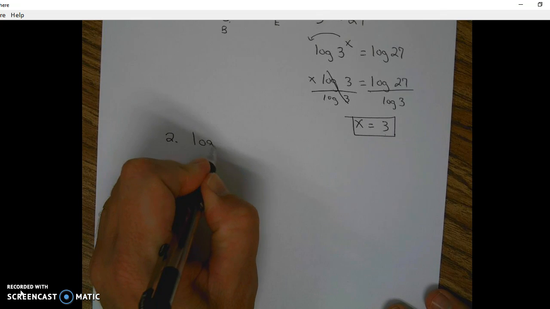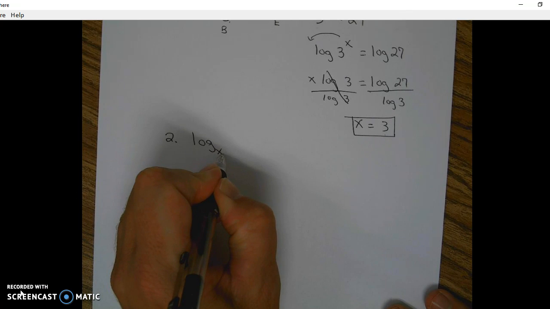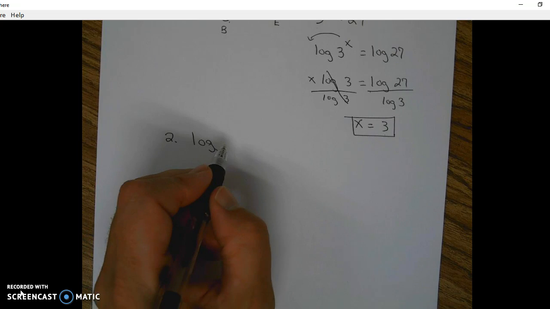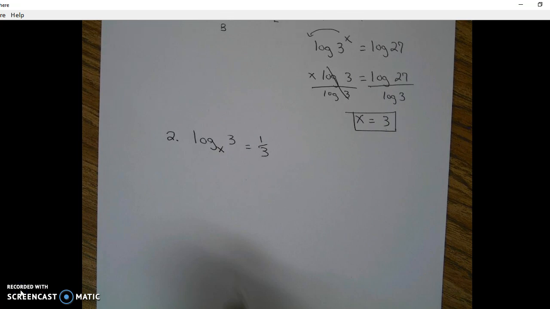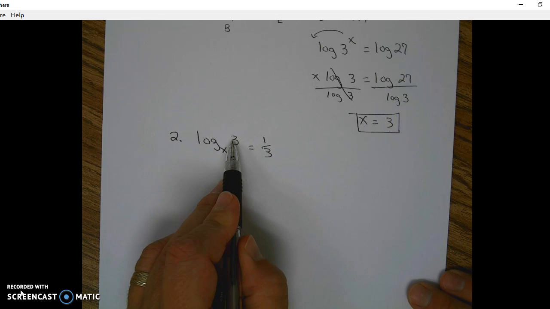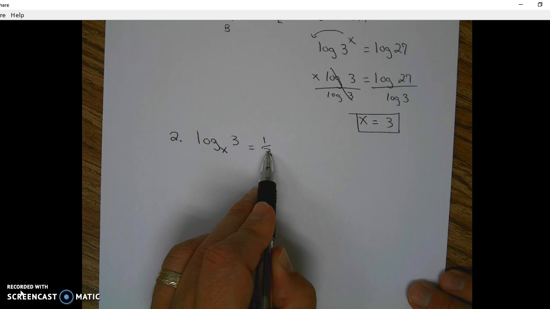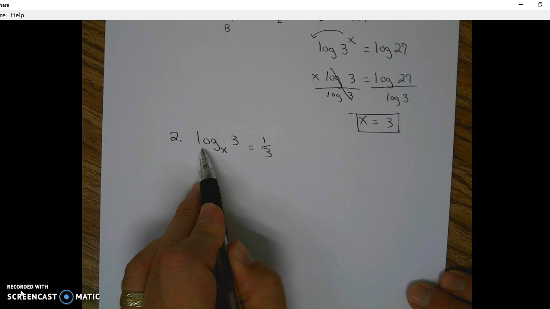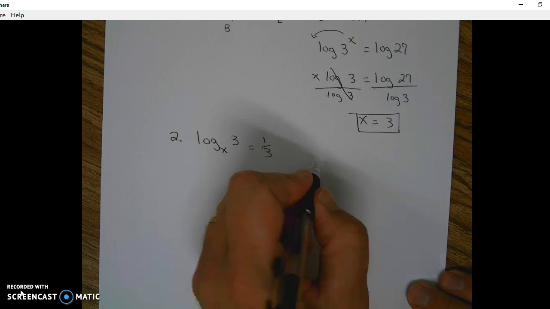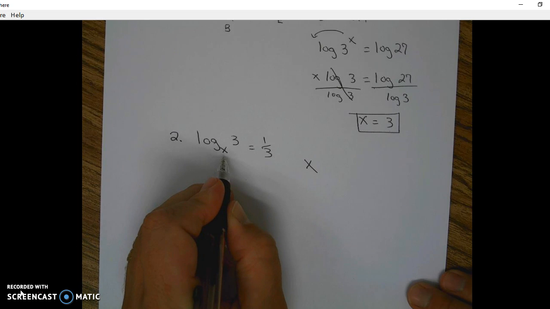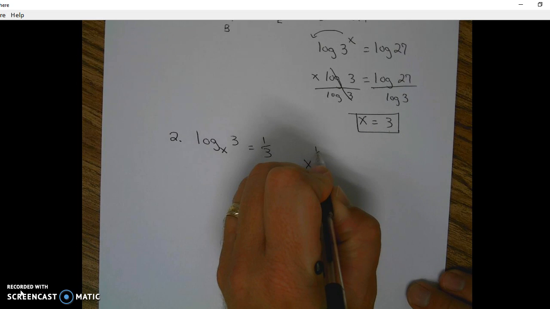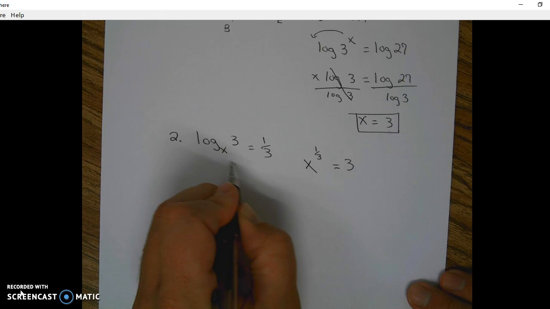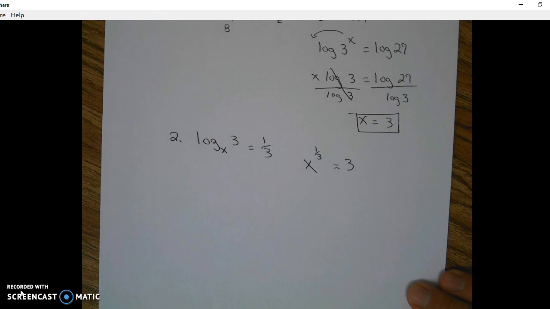Log base x, so here's one. Log base x of 3 equals 1/3. To solve a logarithmic equation, we want to change forms. So we start off with the base raised to the exponent equals the argument, like one circle.